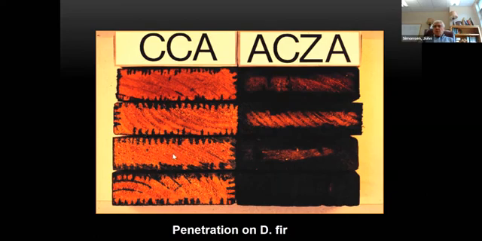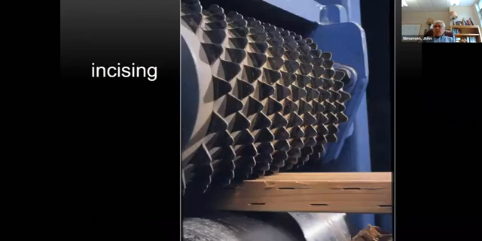As I mentioned last time, in my opinion, what's going on is the ammonia is deaspirating the pits or dissolving the extractives that are clogging up the pits. So it gives you better flow, better penetration in the wood. And incising looks like this.